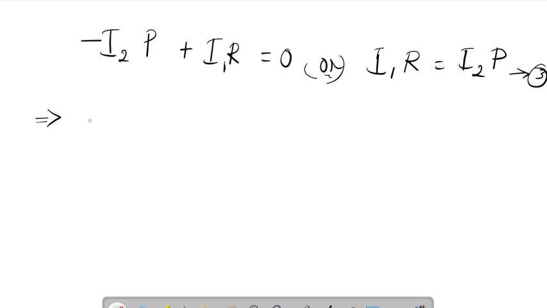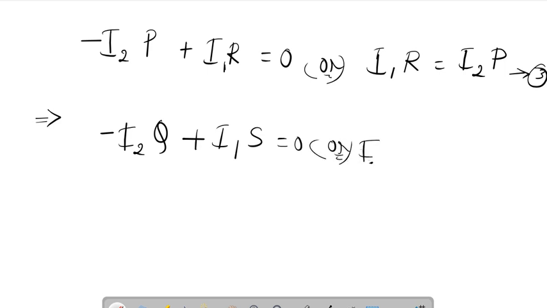If you apply Ig equal to 0 in equation number 2, it will become minus I2 into Q plus I1 into S is equal to 0, or we can also write it as I1 into S is equal to I2 into Q. This is equation number 4.